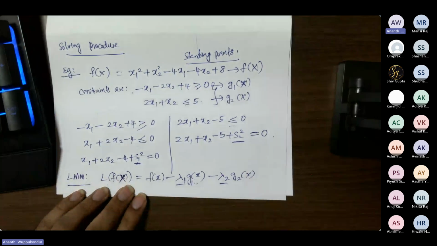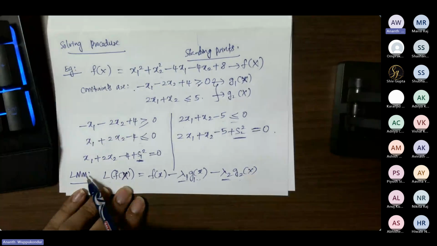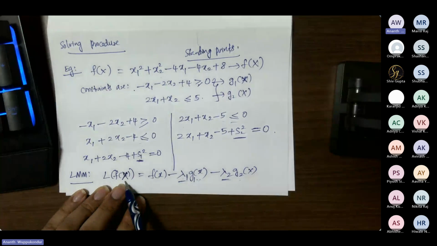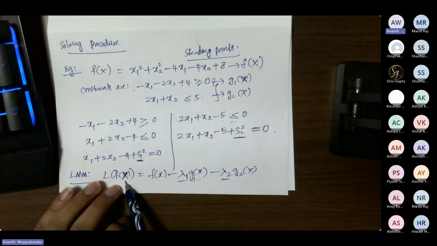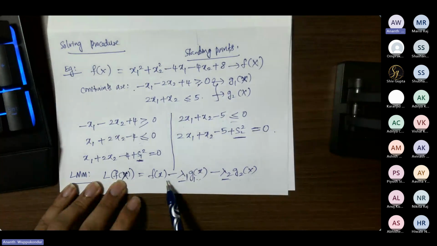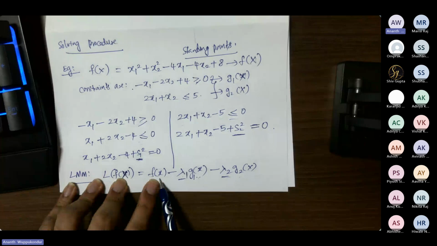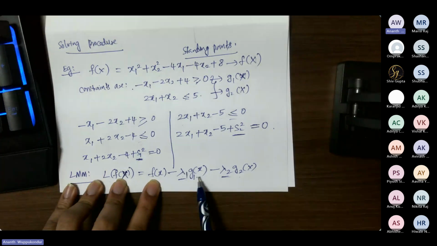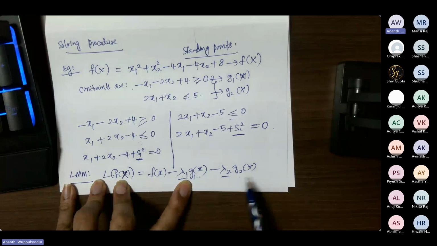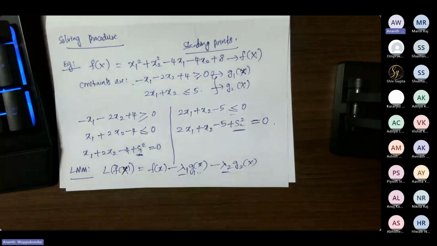Then we also applied the Lagrangian multiplier method, where f of x is converted into a Lagrangian function by simply subtracting lambda 1 g1 of x, which is constraint 1, and lambda 2 g2 of x. So now we have converted our original function into a Lagrangian function, where lambda 1 and lambda 2 are Lagrangian multipliers, and g1 and g2 are our constraints.